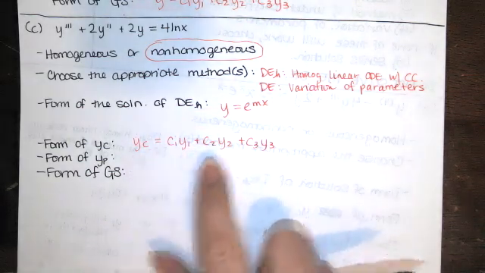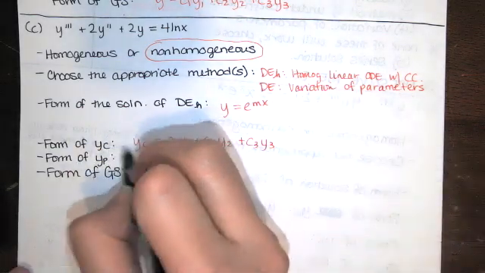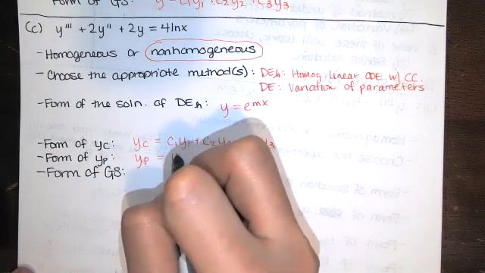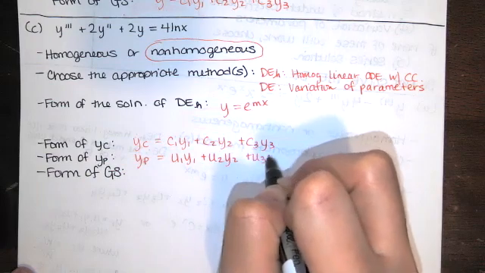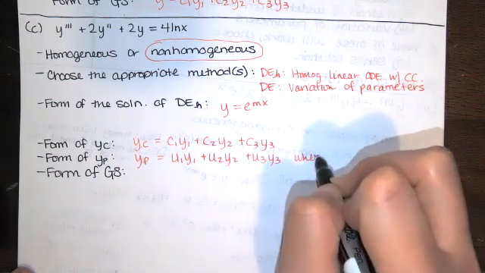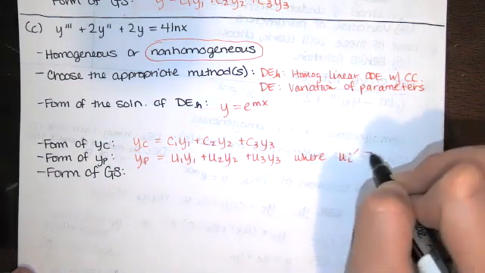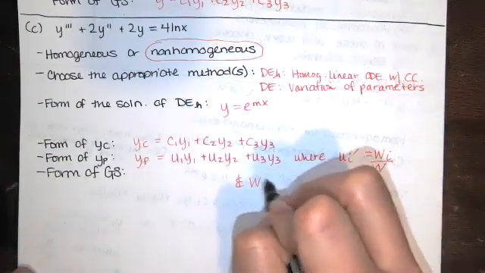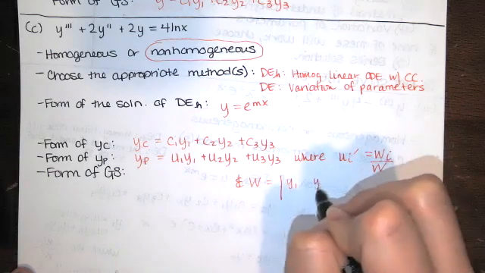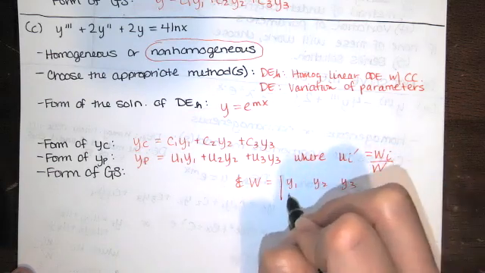And y sub p, since we're using variation of parameters here, is u1y1 plus u2y2 plus u3y3, where u sub i prime is equal to w sub i over w, and w is the Wronskian of y1, y2, and y3.